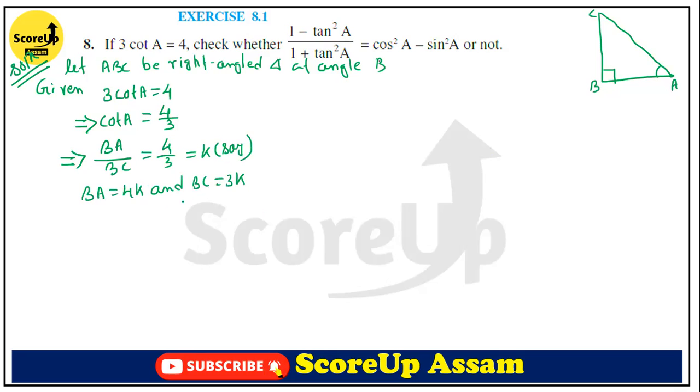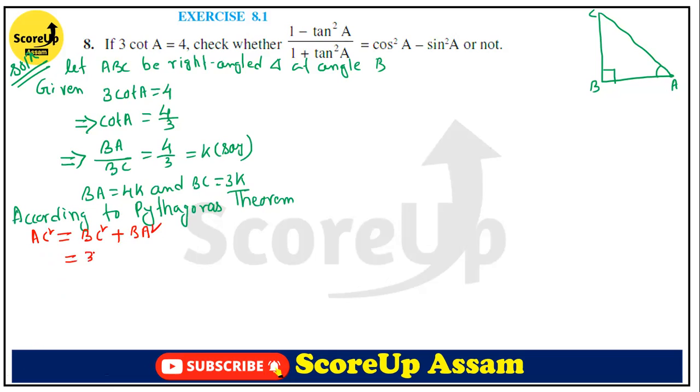So now according to Pythagoras theorem, what can we write? We can write like this: AC square is equal to BC square plus BA square.